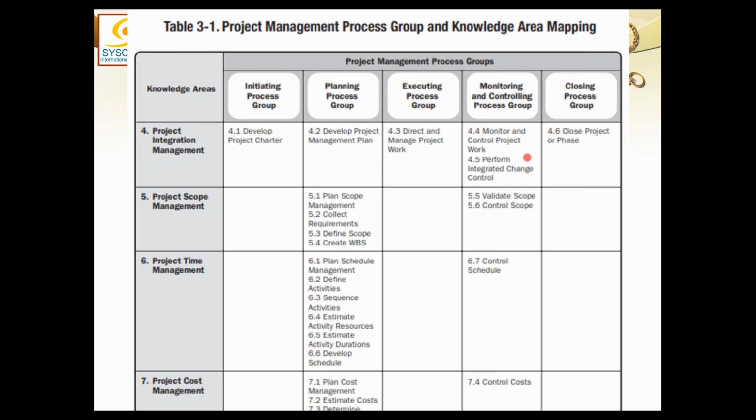So the monitor and control project work process is responsible for the whole analysis of the project. And naturally, all other controls like scope control and schedule control and cost control, they all report to this. They also do their analysis, but they report it to monitor and control project work, which consolidates it all and comes up with the whole analysis.